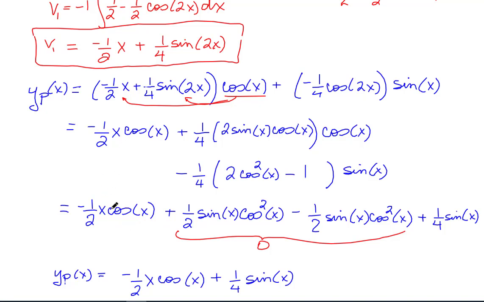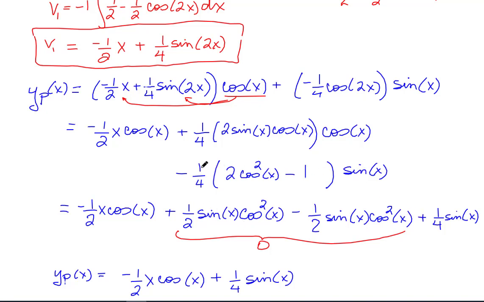Here's the first part, 1/2 sine cosine squared is there. When I multiply this in, I get a minus 1/2 sine x cosine squared. So these pieces cancel and they go away.